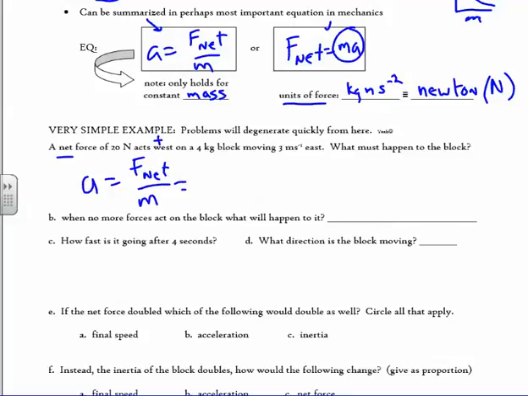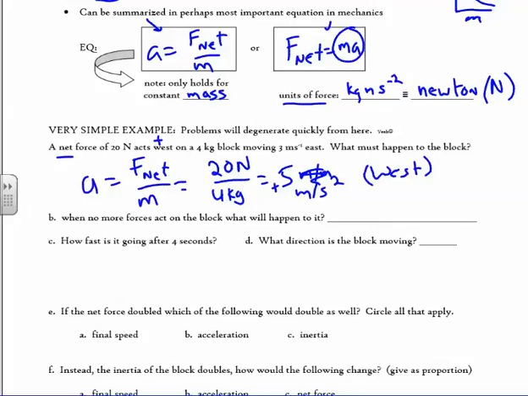So we'll call it 20 newtons divided by 4 kilograms gives us 5 newtons per kilogram, which is the same as a meter per second. Oops, meter per second squared. Okay, pretty straightforward. So note that our acceleration came out to be positive, meaning it's to the west. We'll see where that comes in later.